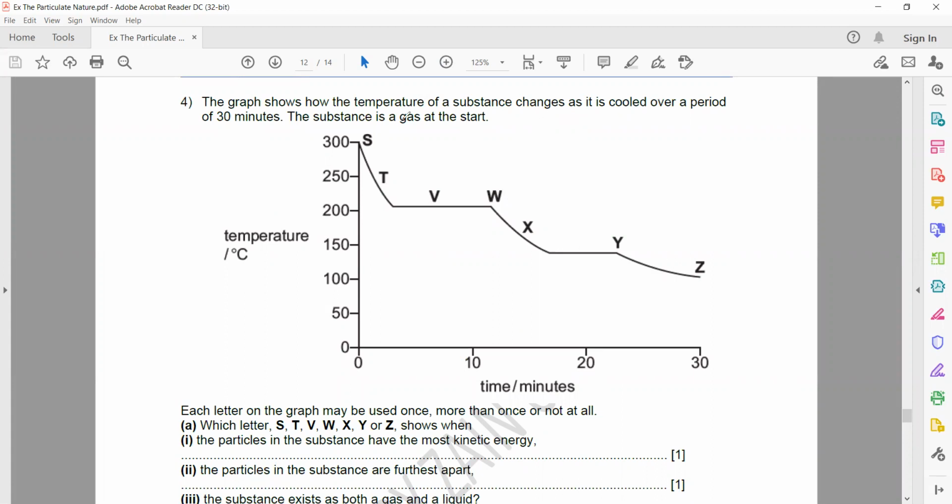When the temperature is constant, it means there is a change in the state, like either a solid turned into liquid or liquid turned to gas, or a gas turned into liquid or a liquid turned into solid. Because it is a cooling curve, we remove the energy. So in this curve the gas will turn into liquid and a liquid will turn into solid.